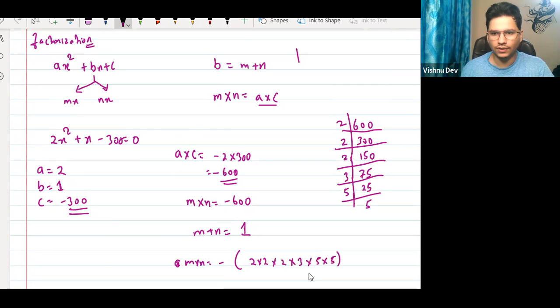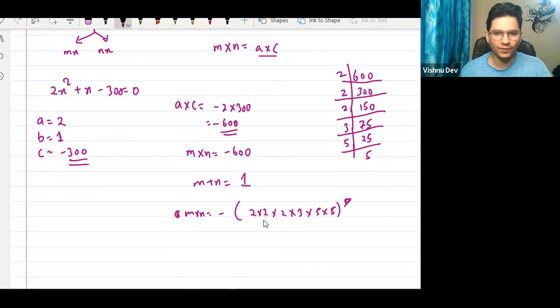Now we have to split this into two terms. अब सबसे मुश्किल काम ये है। यहाँ पे मुझे ऐसे देखना है कि sum should be what?